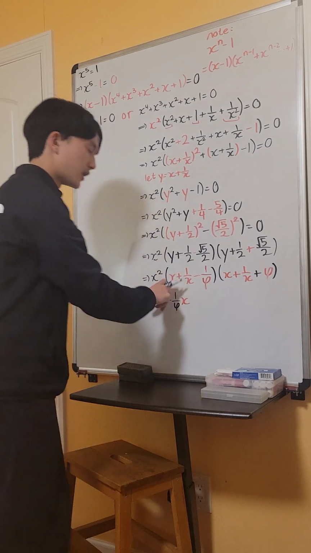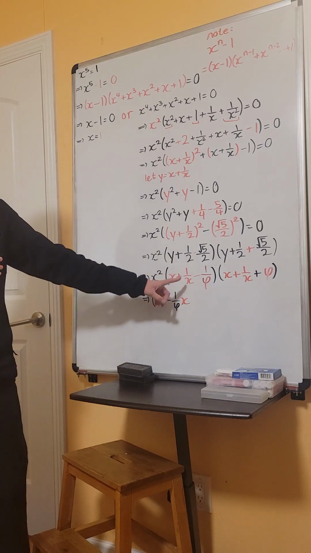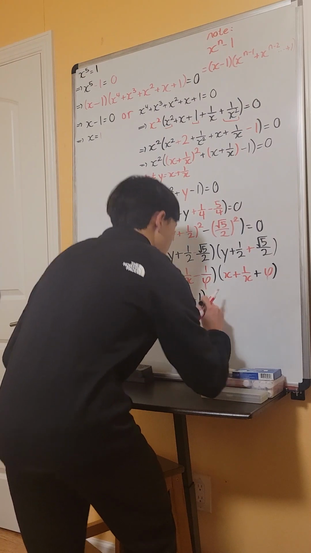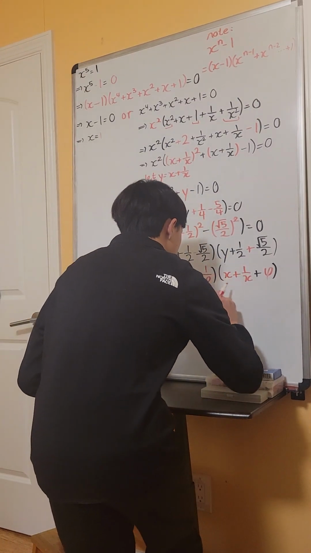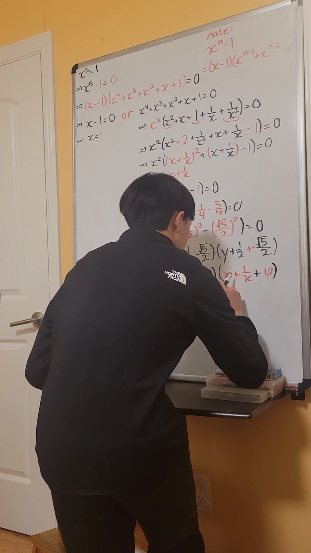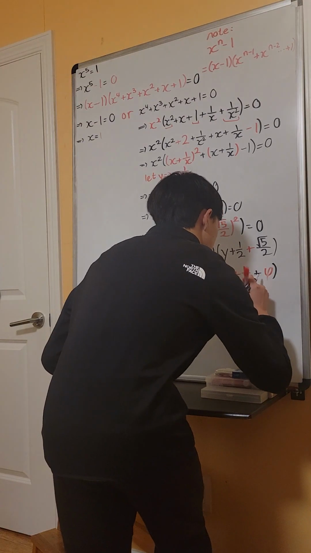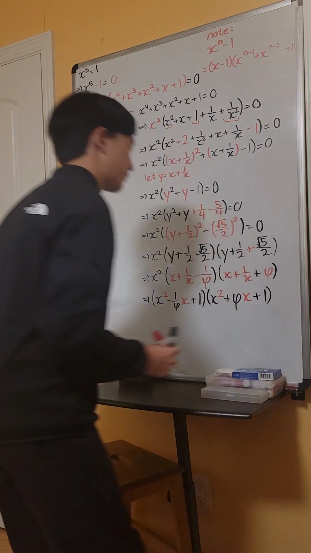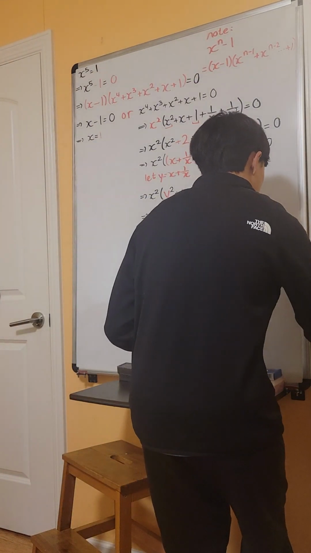And then the positive 1 over x times our x that we distributed in is just normal 1. And same idea here, right? Multiply the other x into this. So we get x squared plus phi x, and then plus 1. Okay. And don't forget that they're all equal to 0.